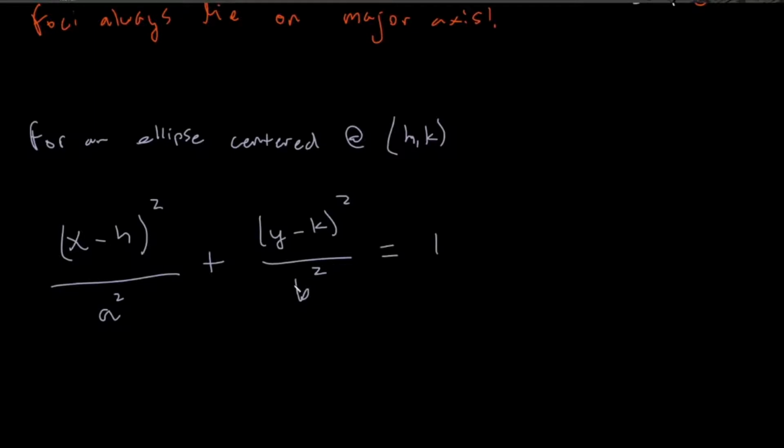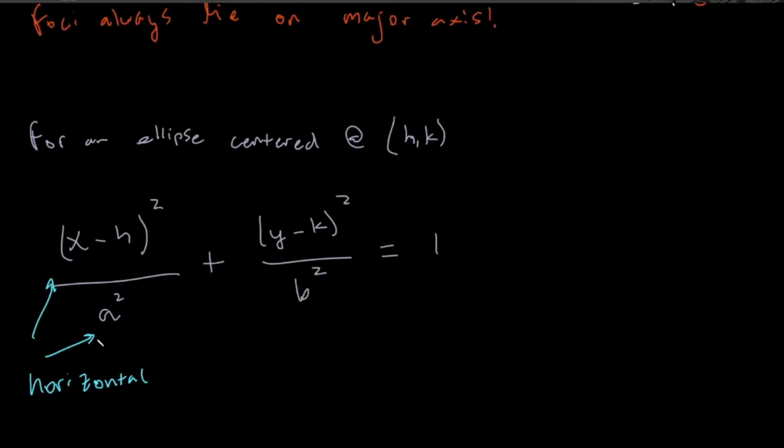And remember, b has to do with the minor axis. Since I have paired a and x, I've already dictated a horizontally oriented ellipse. If a were with y instead, then it would be a vertical ellipse.